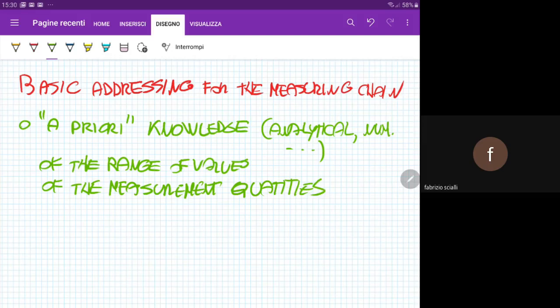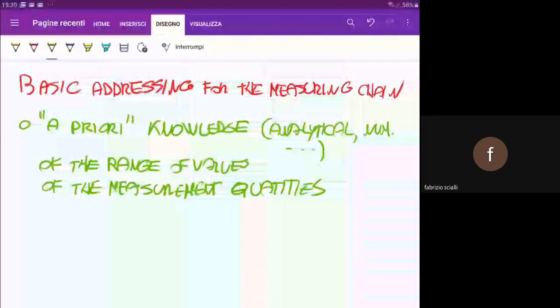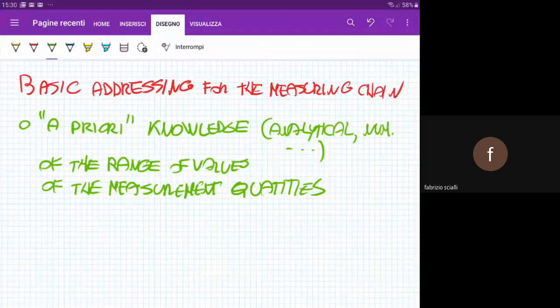Just to have an idea, I know what I'm looking for. I know that I have to use a certain measuring chain with respect to another in order to maximize the output from the measuring activity.